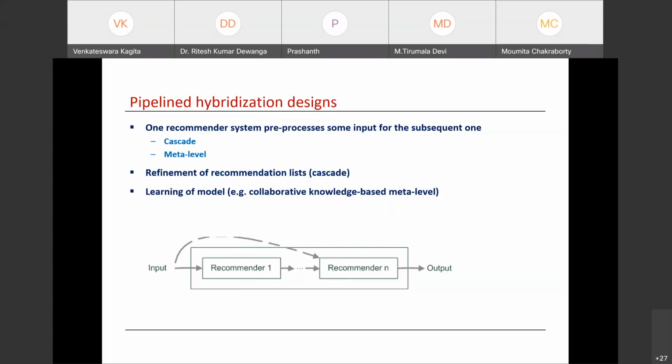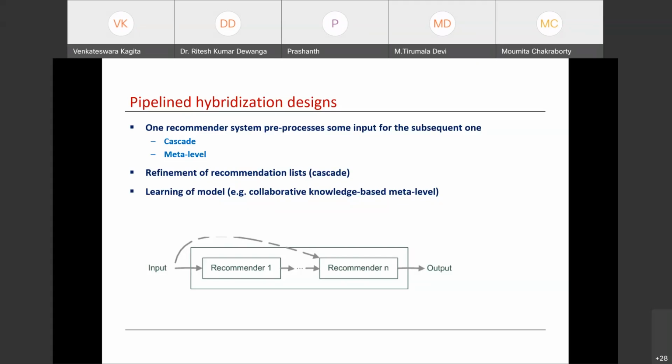Out of that, you give it to the second recommender system, which filters it further and gives 50 to the third recommender system, filtering it further. It's not necessarily always reducing, but the idea is that with each recommender system you are improving it and making finer recommendations to the user at the next level. So this is the idea behind the pipeline hybridization design.